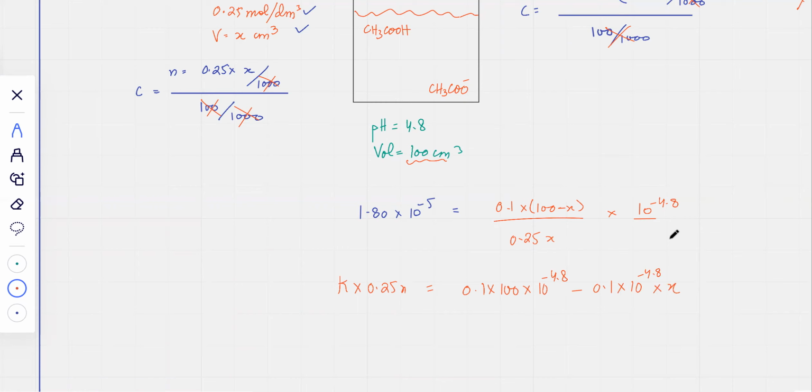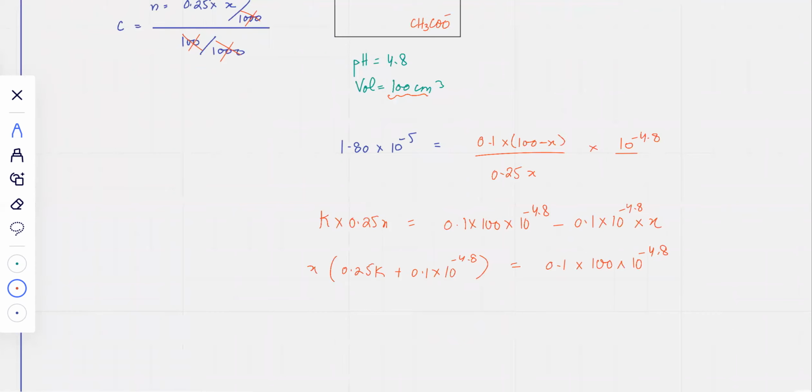If I take x as common, it's going to be 0.25k plus 0.1 into 10 raised to the power minus 4.8 is equal to 0.1 into 100 into 10 raised to the power minus 4.8. I took this on the other side.